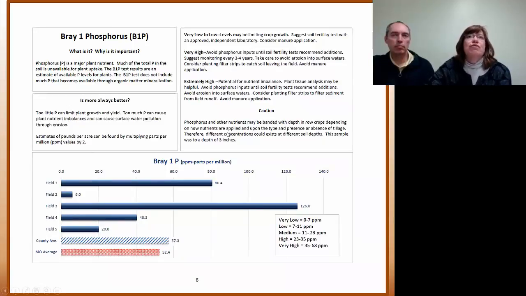This is an example of phosphorus. This is some of the results, just an example that we use for training, showing that you can get in the samples across the state just a wide variety of concentrations of, say, phosphorus. The same would be found with mineralizable nitrogen or total nitrogen.